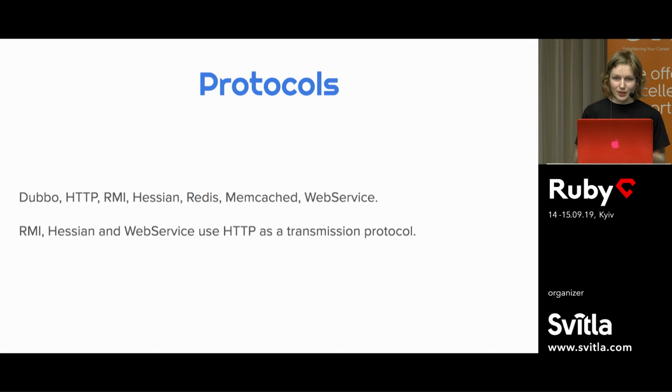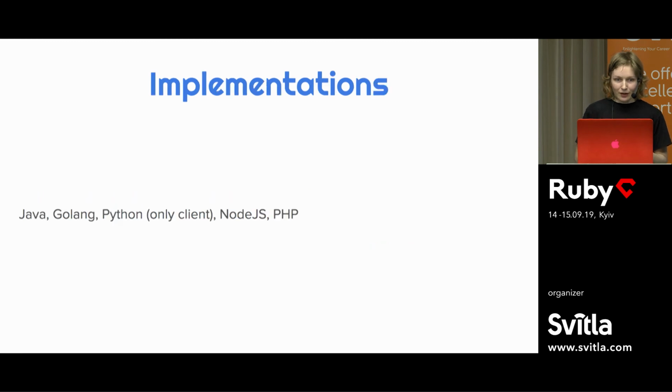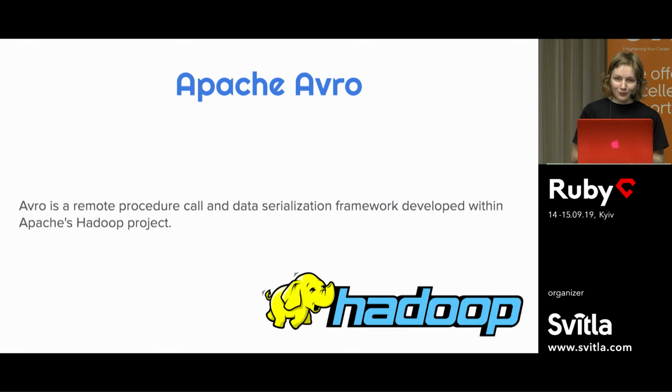It comes with its own Dubbo protocol, and also supports the listed ones. Implementations at this point are Java, Golang, Python, only client, Node.js, and PHP. I've heard that Ruby is coming, but at this point there are no Ruby clients, so maybe someone from you can create a client and server.